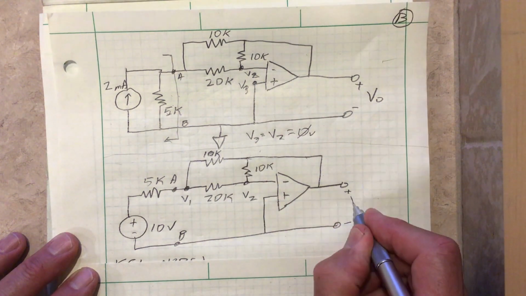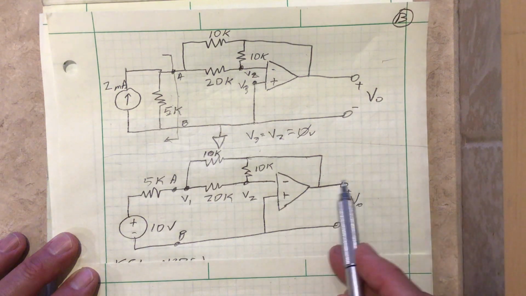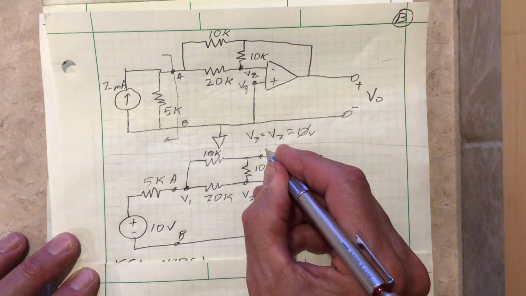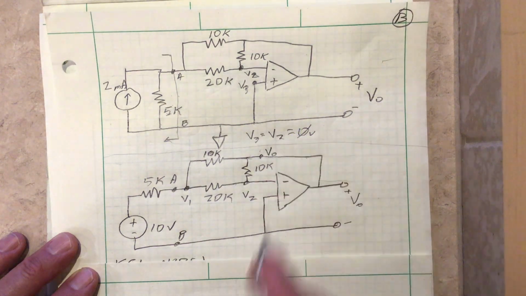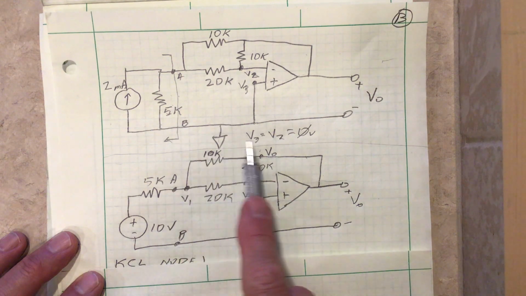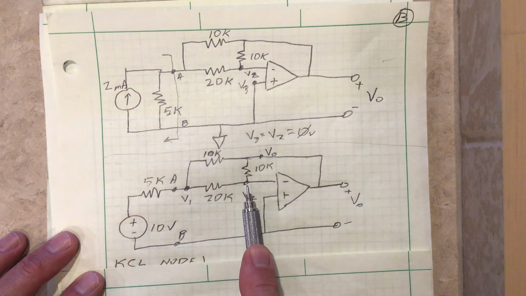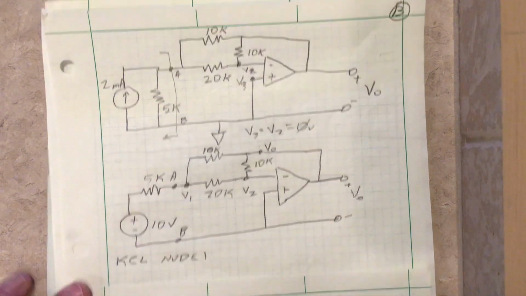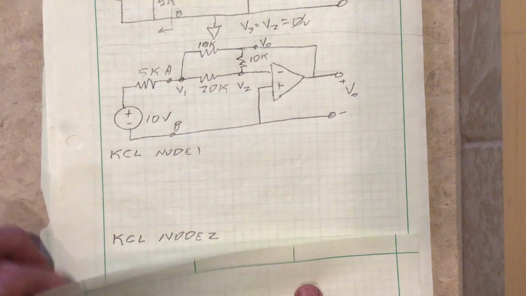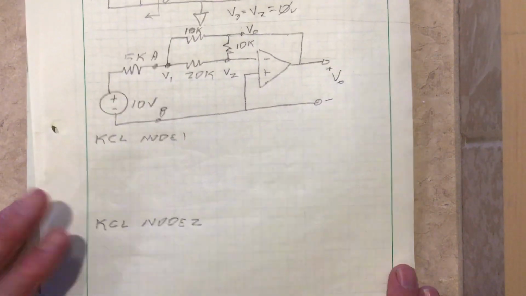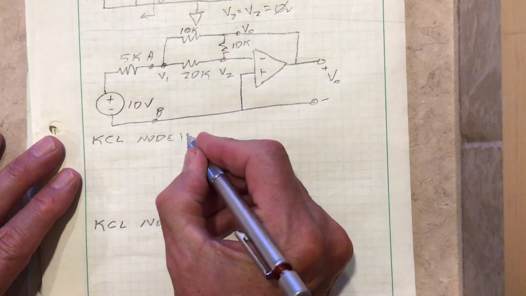And here we have V out. Now notice V out is connected to the right. So this is V out. All right, so let's do a Kirchhoff's current law at this node and then another one at this node, and that'll probably get us what we want. Okay, so there's our plan. Hopefully that'll give us V out.